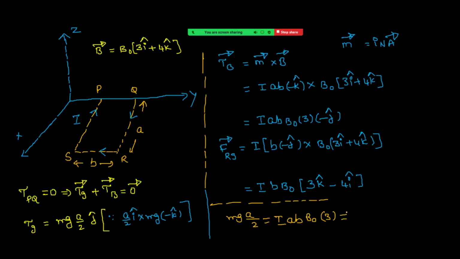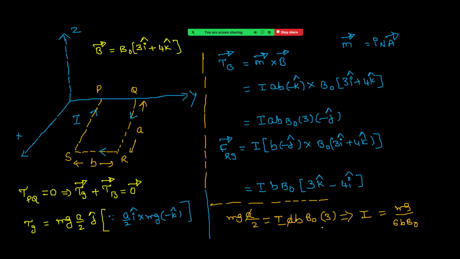From this, see what the current is. I equals, a gets cancelled, mg by 2 remaining. So I equals mg upon 6 small b and B naught.